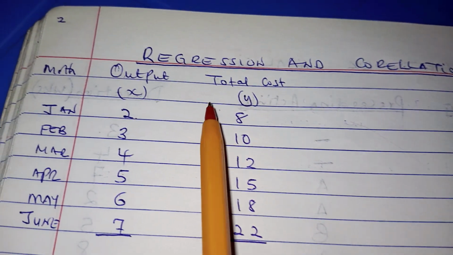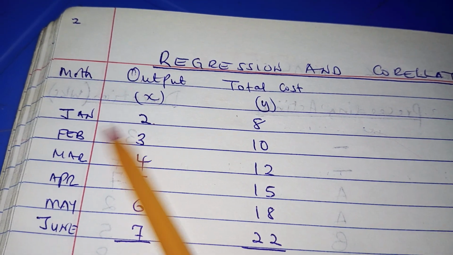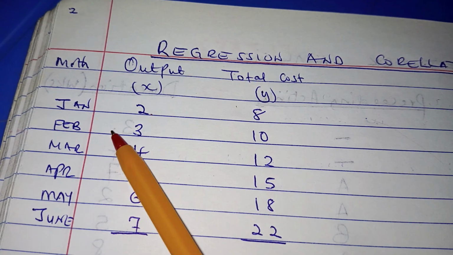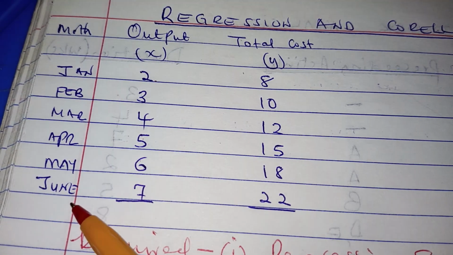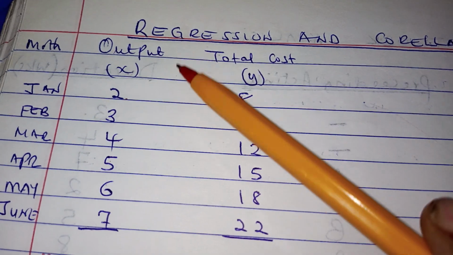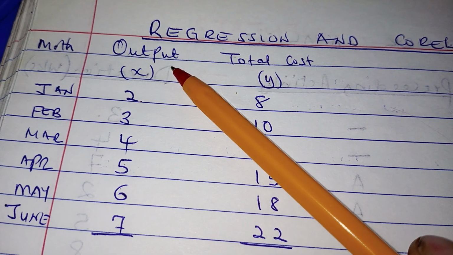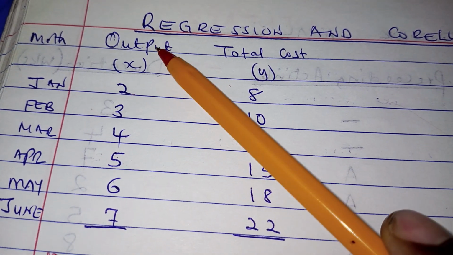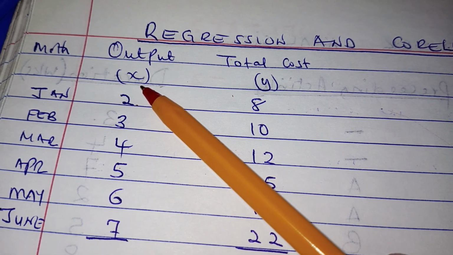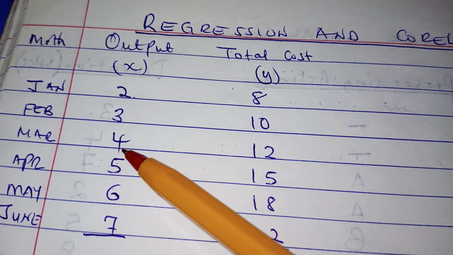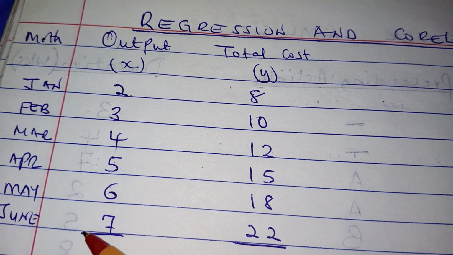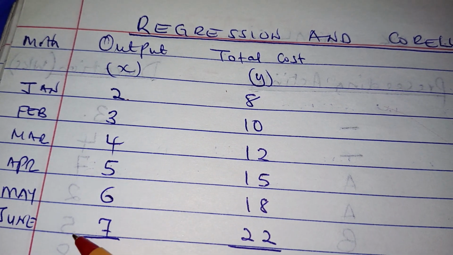We're given a question, and we are told that in the months of January, February, March, April, May, and June, we have an output. Output is the number of items produced. The output is what you are producing in the company, and we have produced 2, 3, 4, 5, 6, and 7 respectively from January to June.